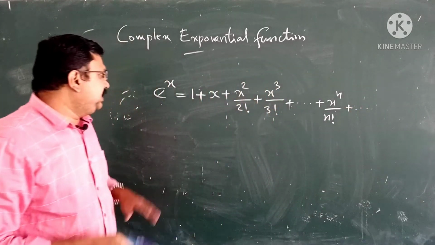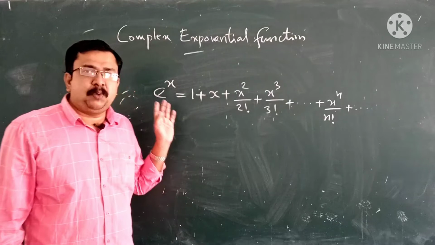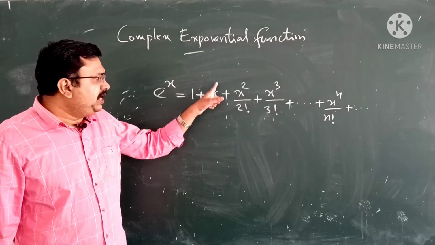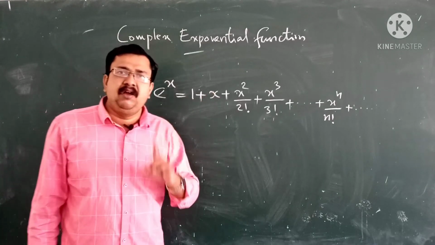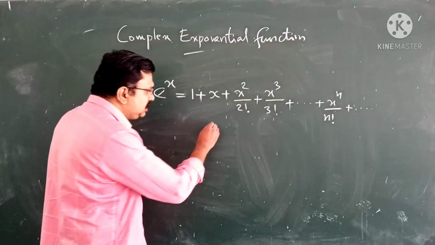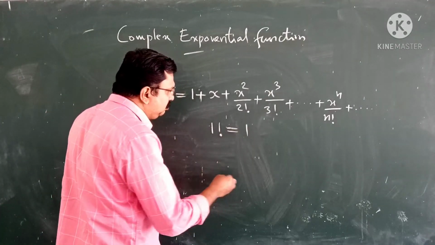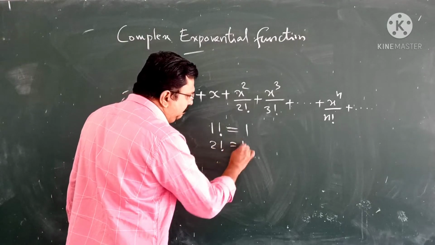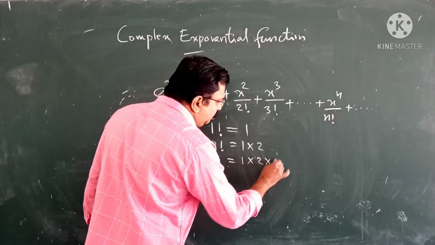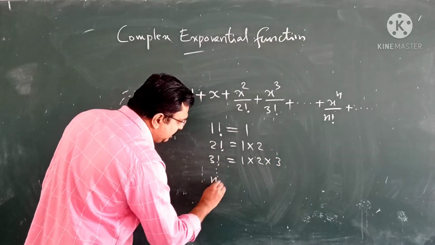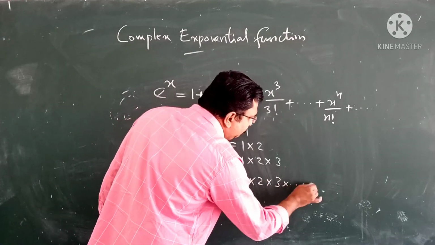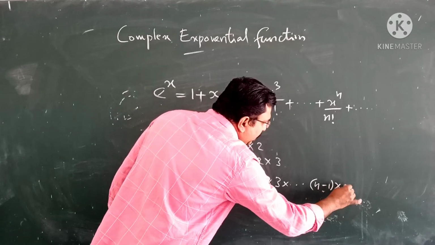What is e raised to x? e raised to x is the exponential function, equal to 1 plus x by 1 factorial. We know that 1 factorial is 1. 2 factorial means 1 into 2. 3 factorial means 1 into 2 into 3. Continuing like this, n factorial equal to 1 into 2 into 3 into etc., n minus 1 into n.